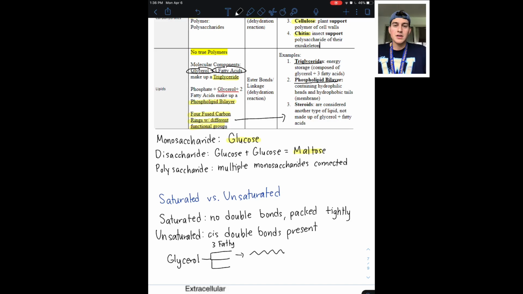But then unsaturated, that's when a glycerol is connected to 3 fatty acids, but either one or even multiple could have a double bond present, and it has to be cis. So then it would look like this. You have a glycerol right here, and it's bonded to a fatty acid.